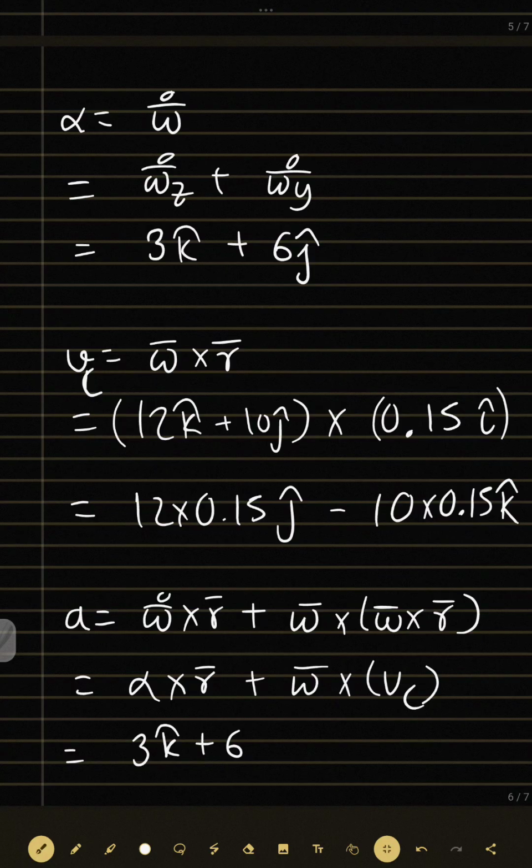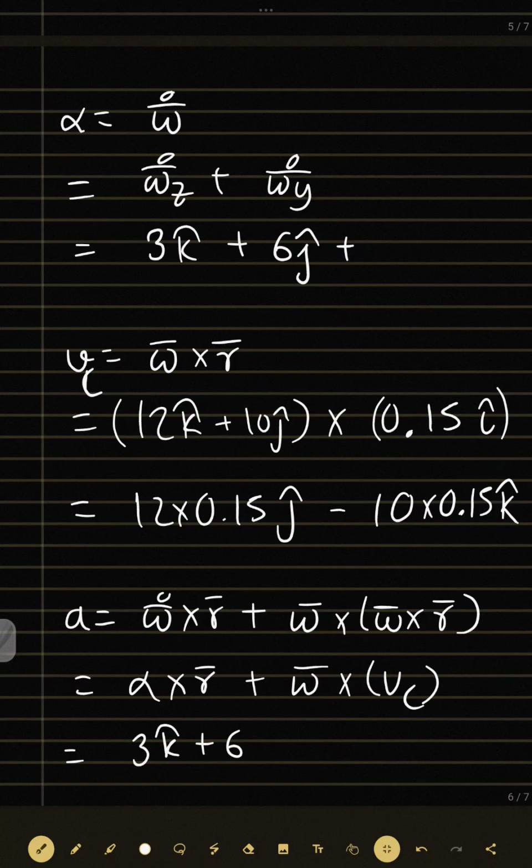I am asking you if there will be any other terms? Only 3 k cap. So he is saying only 3 k cap. Correct? Why is it correct? It is along a constant direction. However it rotates, the direction of omega p is always along z. Now you tell me Vaibhav, what will be omega s dot? It is changing with respect to time, so what will it be? 6 j? Correct. So you have understood. Very good.